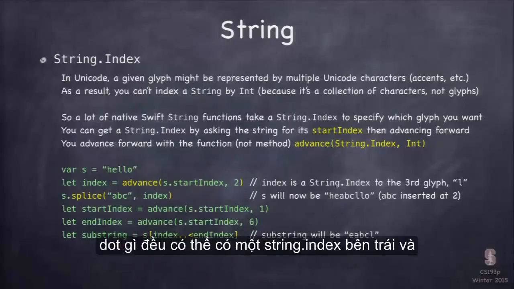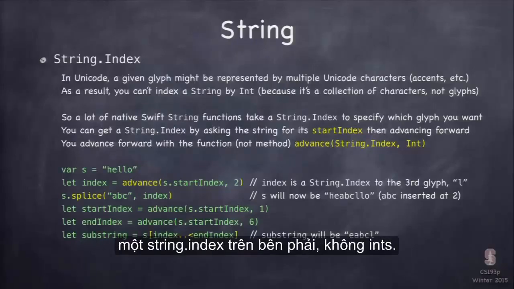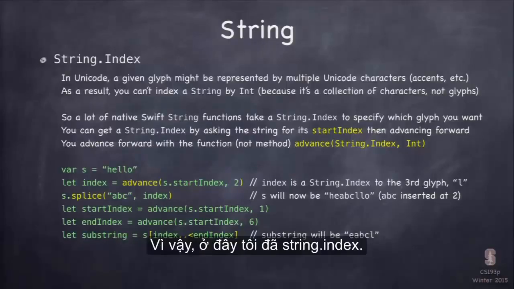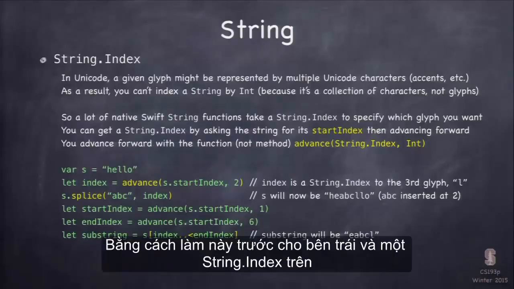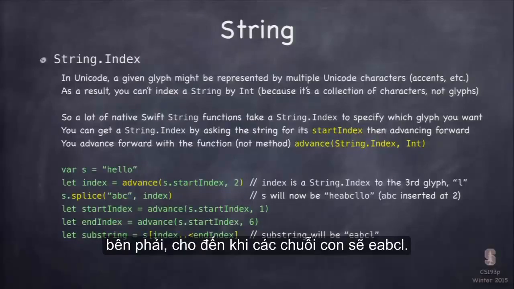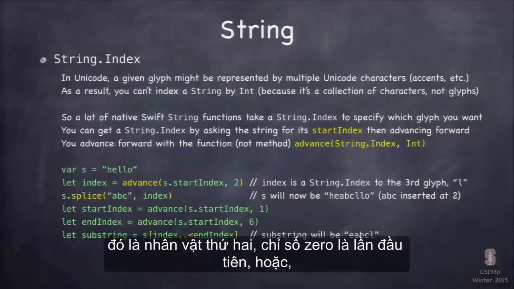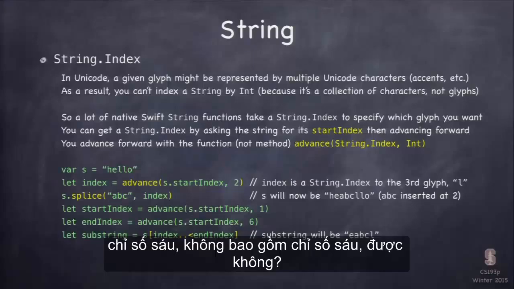And the range, the dot, dot, dot thing, has to have a string dot index on the left and a string dot index on the right, not ints. So here I got a string dot index by doing this advance for the left and a string dot index on the right. And so the substring will be EABCL, because I went from index 1, which is the second character, index 0 is the first, to index 6, not including index 6.